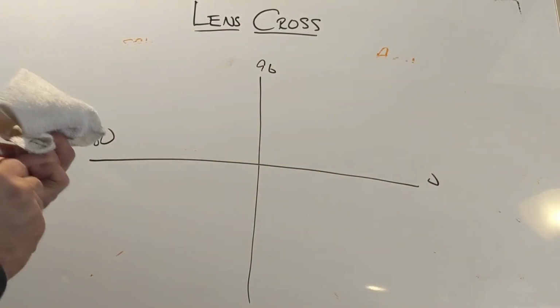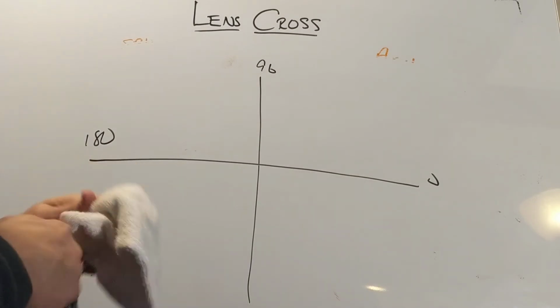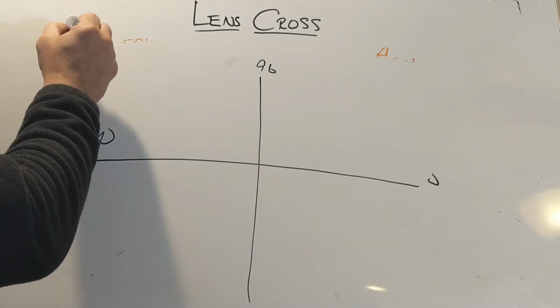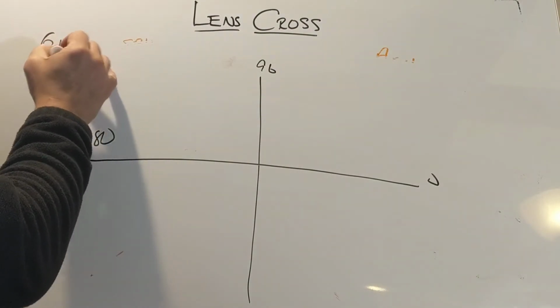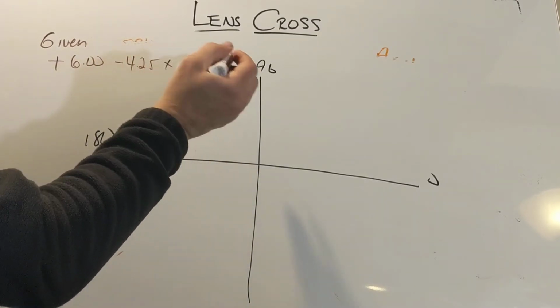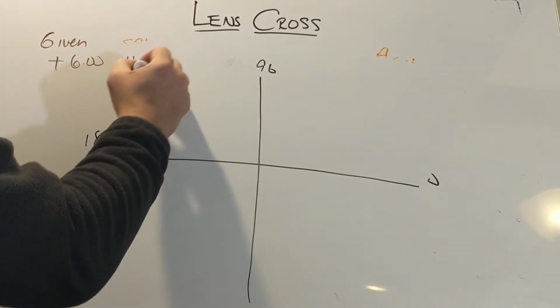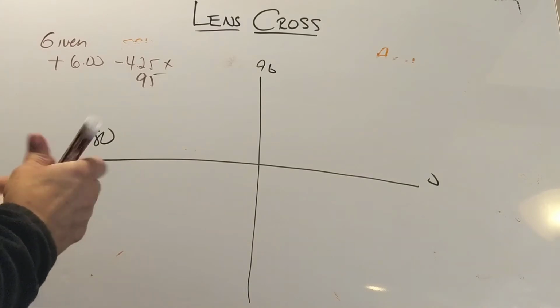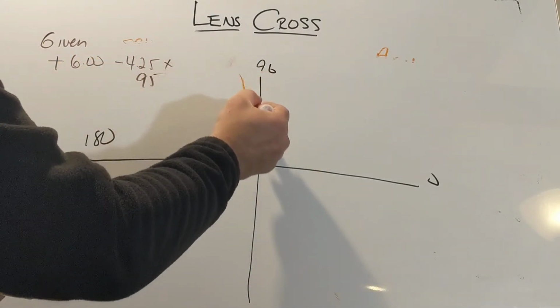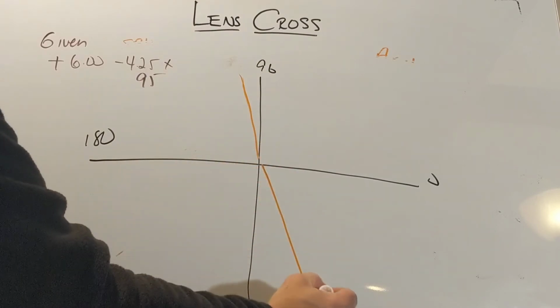And one more example, let's just say given a prescription of, let's do a +6, -4.25, axis 95. That would mean the sphere corresponds to the axis, so at 95, it's a +6.